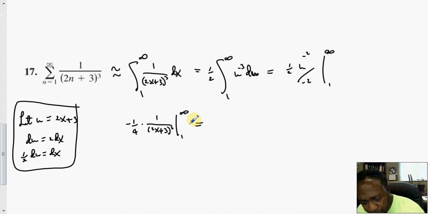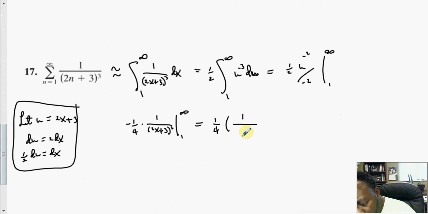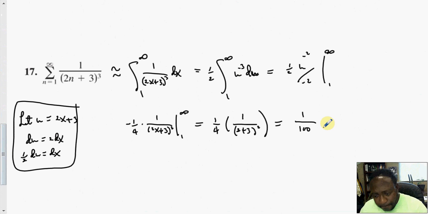So this equals negative 1/4 times 1 over infinity squared as terms go to infinity. Well, that limit gives you 0, and then plus the 1/4 times 1 over, plug in x equal to 1, 2 plus 3 squared. Well, this is 2 plus 3 is 5, squared is 25, times 4, we get 1 over 100. We get a number, that's the key.